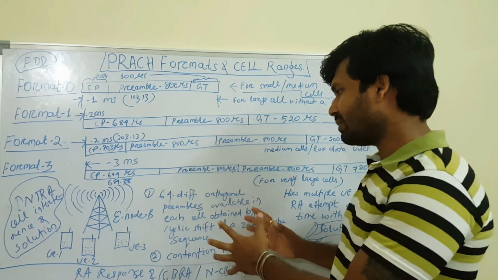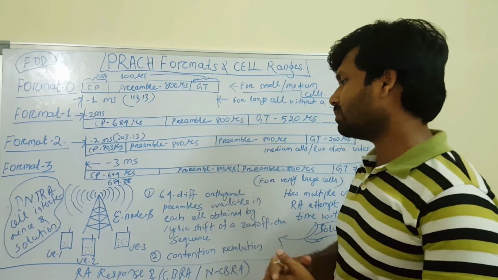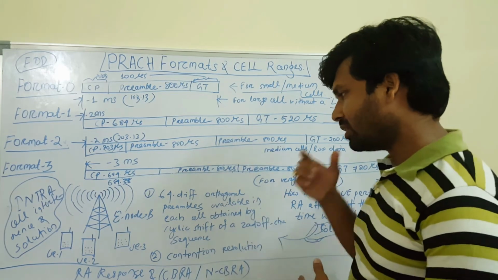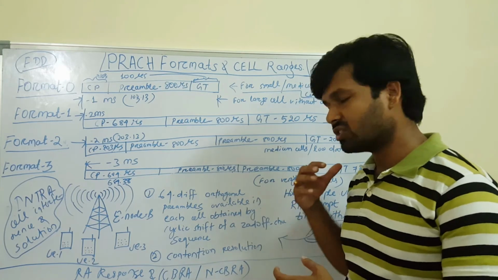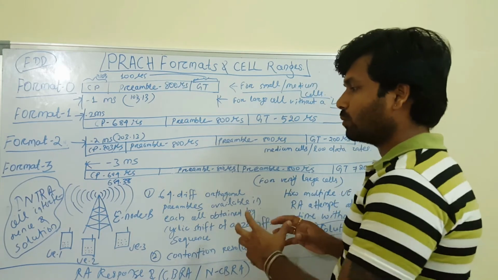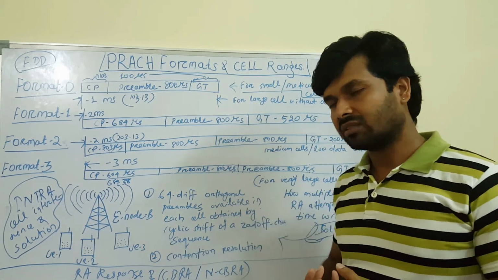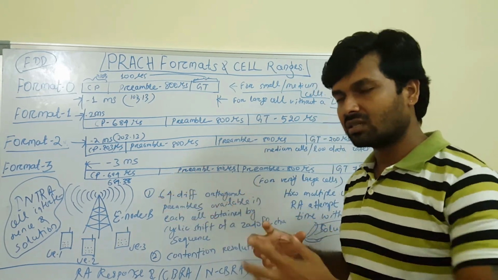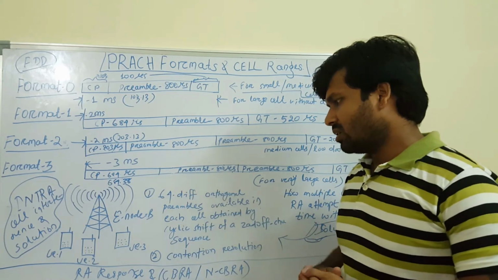For now, we should know that we have 64 orthogonal preambles available in each cell, obtained by cyclic shift of a Zadoff-Chu sequence, and these are used by different UEs.